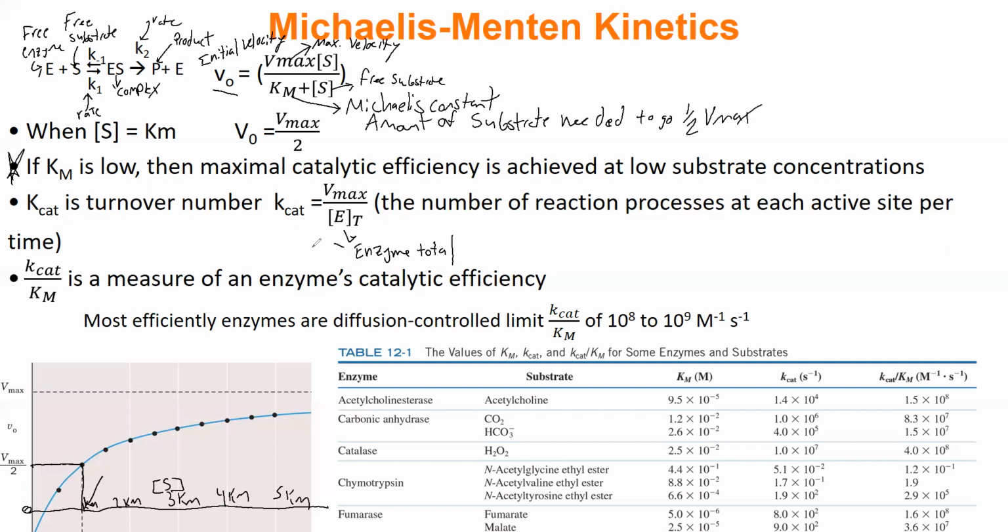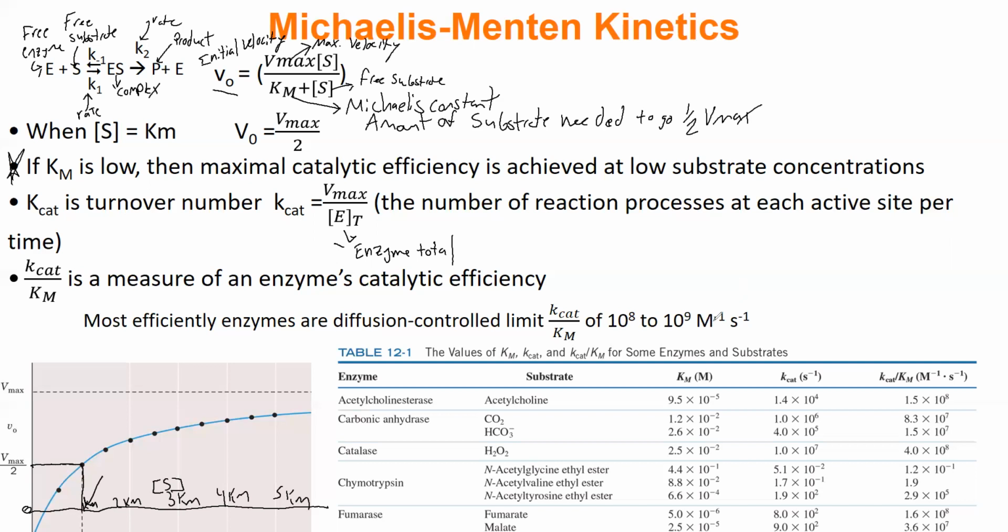That'll give you the turnover number, Kcat, which is how many reactions you do per second. Once you have Kcat and Km, you can then calculate what's called catalytic efficiency, just how good your enzyme is, basically, which is Kcat divided by Km.